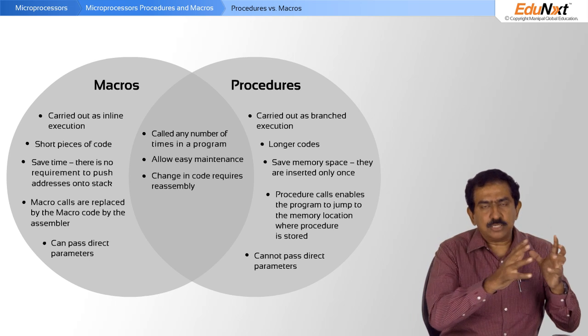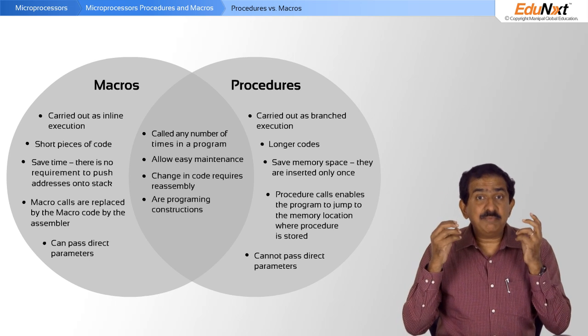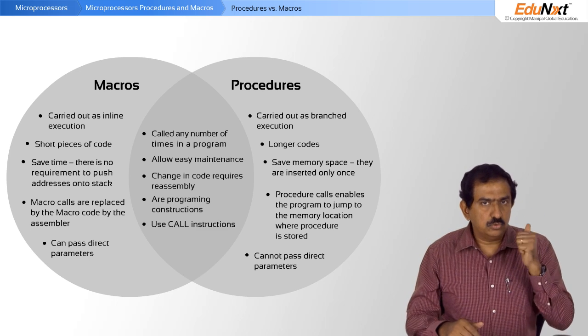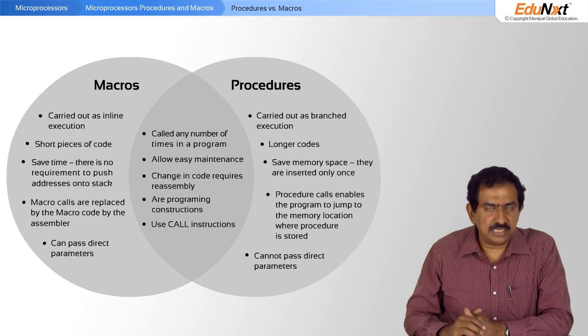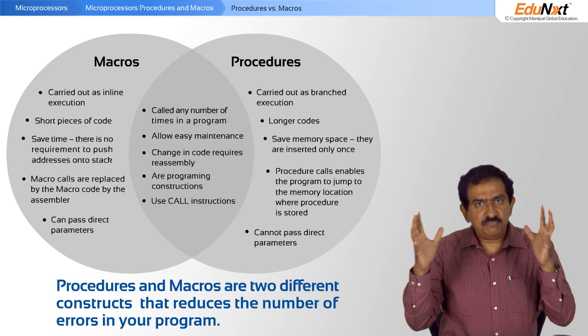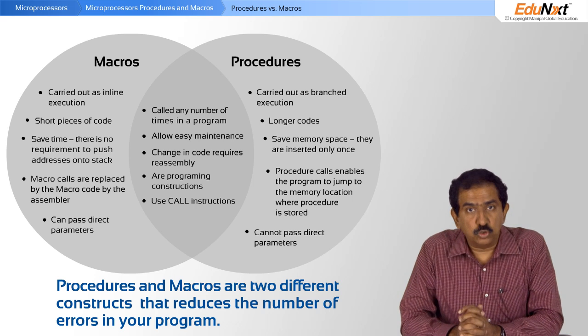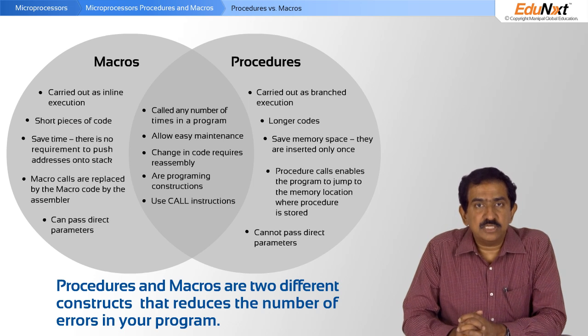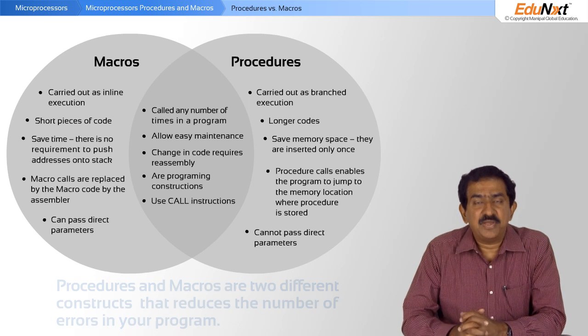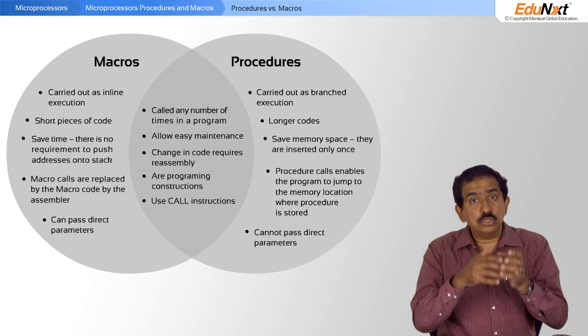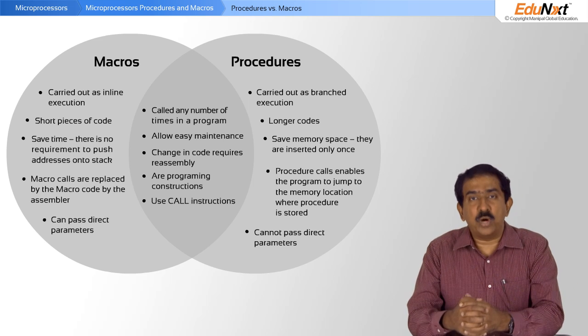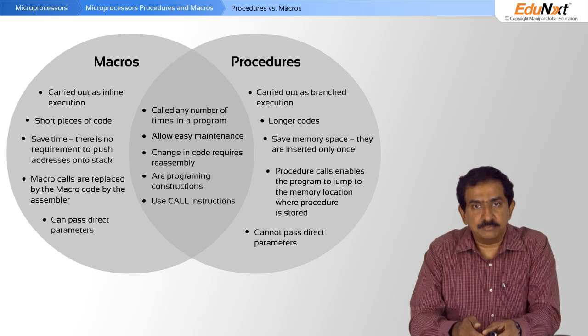So both the macro and the procedure are programming constructs. They use the call instruction, C-A-L-L, and there are two different constructs that you can use as a programmer to make your life easier, to reduce the number of errors in your program, and in case there is an error or you want to change, you can do it once and use it many times.